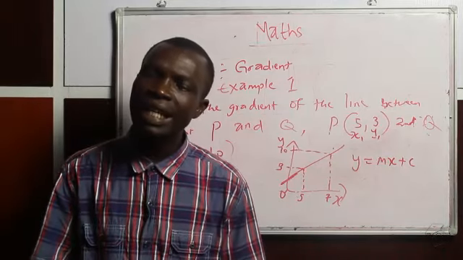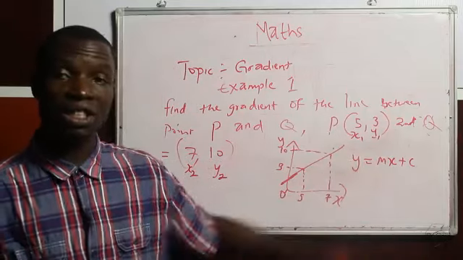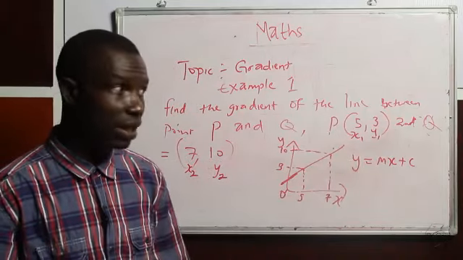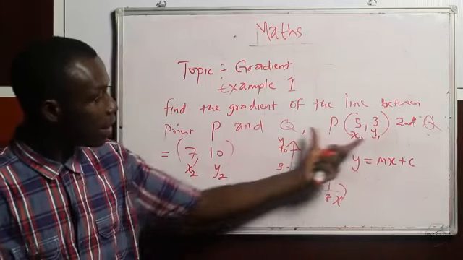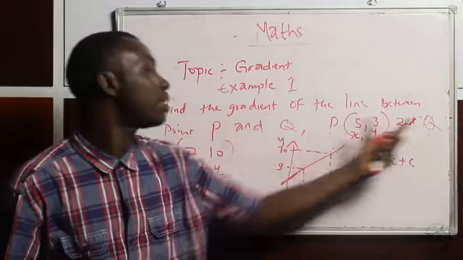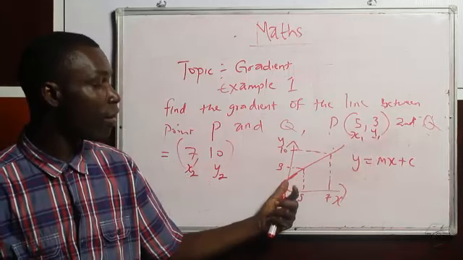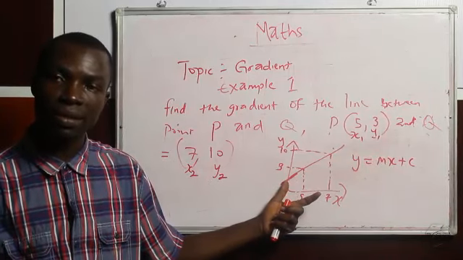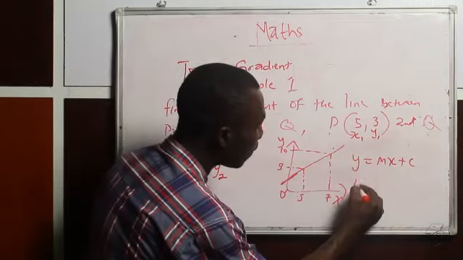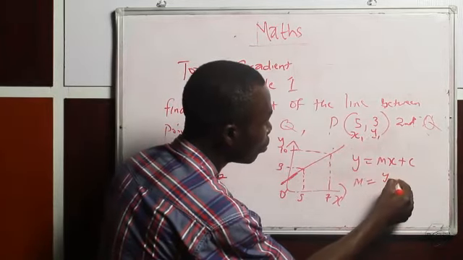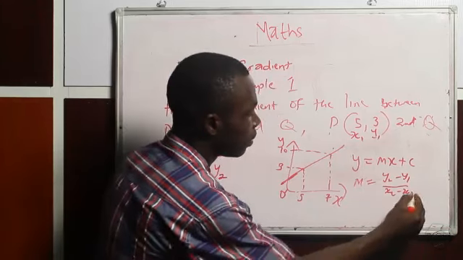So in finding the gradient between 2 points on a straight line graph, we consider the variable that changes and the points that change, which proves that this question obeys this law, because y is plotted against x and we have our intercept that occurs at the y-axis. Therefore, our gradient, which is m, is equal to y2 minus y1 over x2 minus x1.